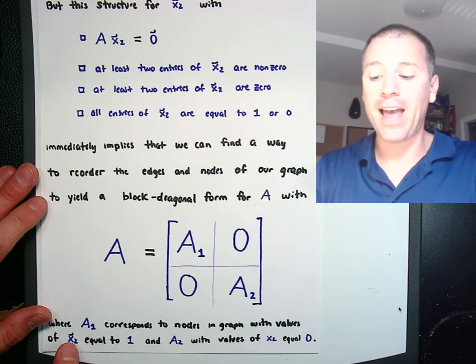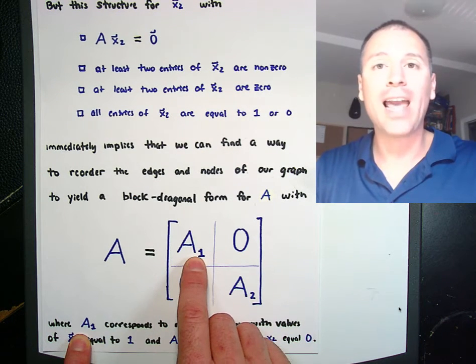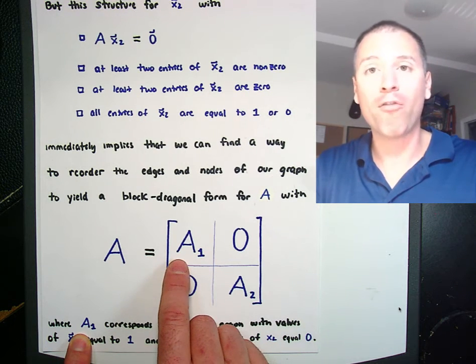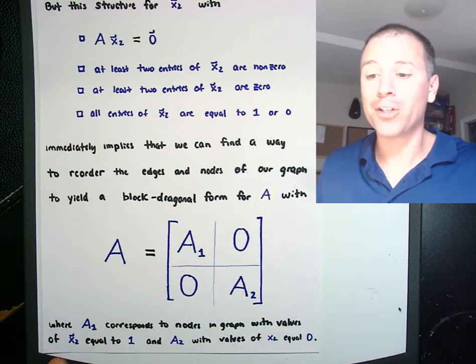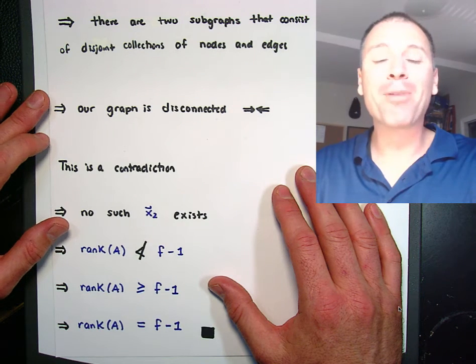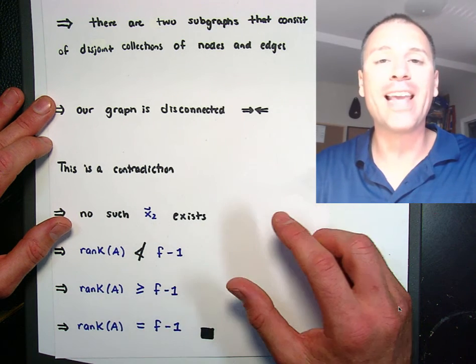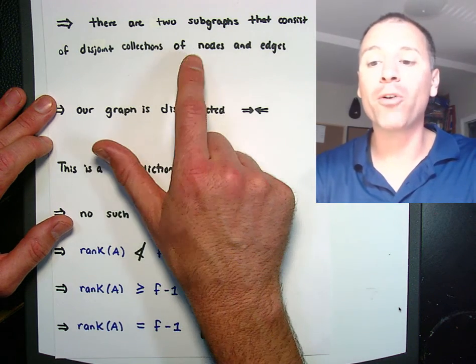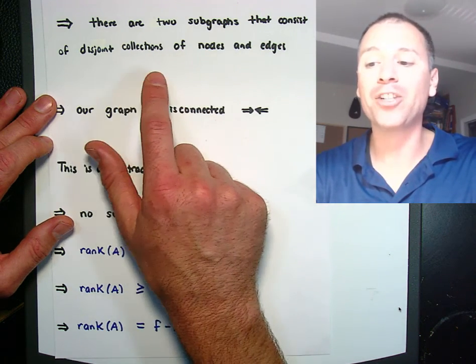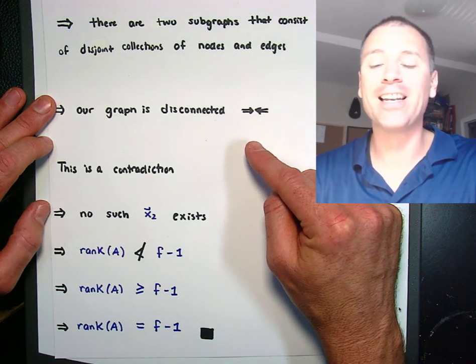And specifically, that means that the matrix A1 encodes a component of our graph that is connected within itself but has no connections to the second set of nodes, and vice versa. But the fact that we could produce that block diagonal partition of the matrix A simply by reordering the edges and reordering the nodes means there are two subgraphs that are disjoint collections of nodes and edges, but that implies that our graph is disconnected.